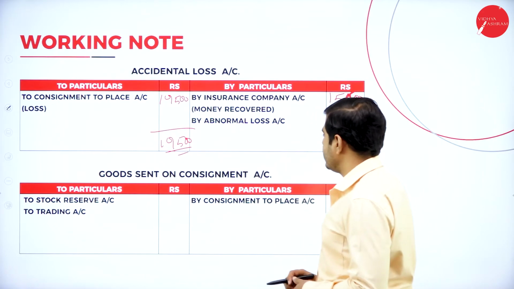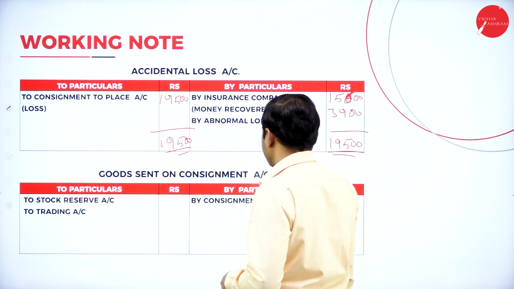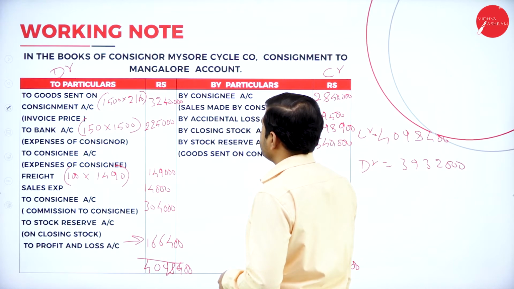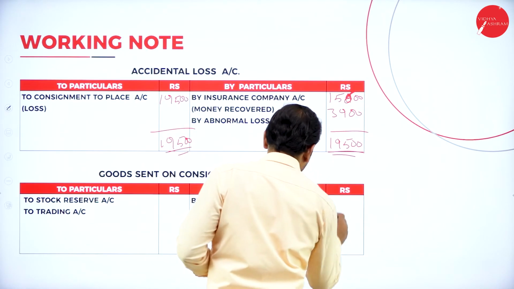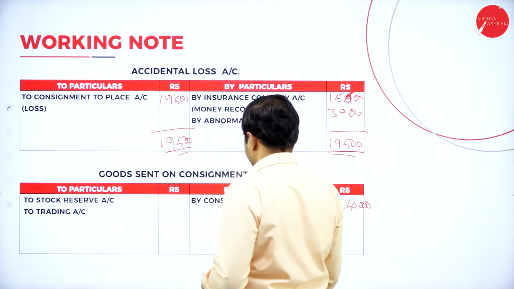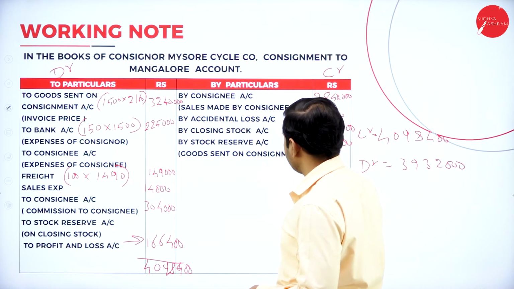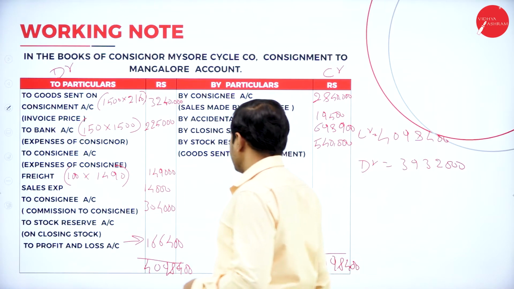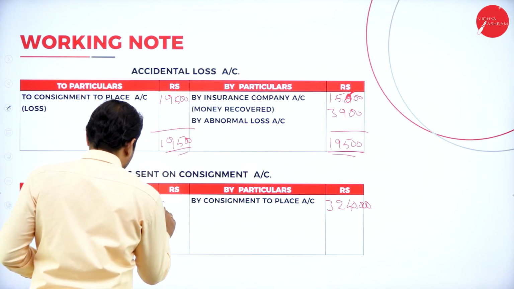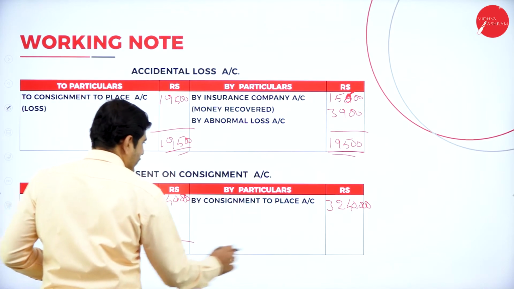Again, goods sent on consignment. So what are the total goods sent on consignment? Total goods worth is 32,40,000. Again, what is the stock reserve on goods sent on consignment? 5,40,000 is the stock reserve. Remaining is trading account.